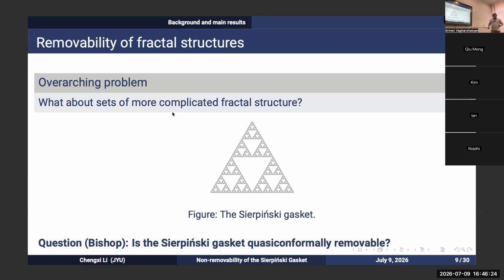Of course, one side is from fractal geometry and another is from probability theory. The Sierpinski gasket has infinitely many complementary components. So this is a basic problem posed by Bishop: is the Sierpinski gasket quasi-conformally removable?